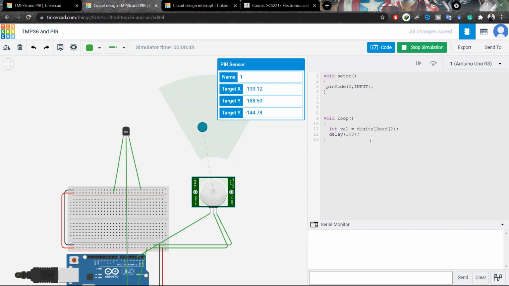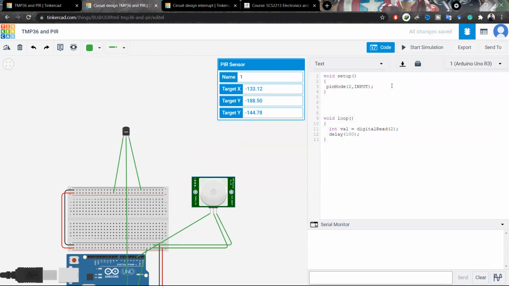Now I can't see what the actual value is, right? So for that, I'm going to use the serial monitor. Serial.begin. So the keyword is Serial. Then you should initialize the communication. So I'm using the baud rate as 9600, right? Now the serial is initialized.